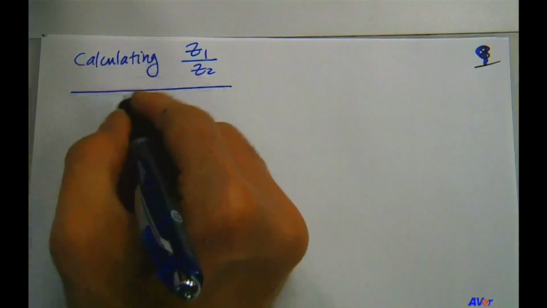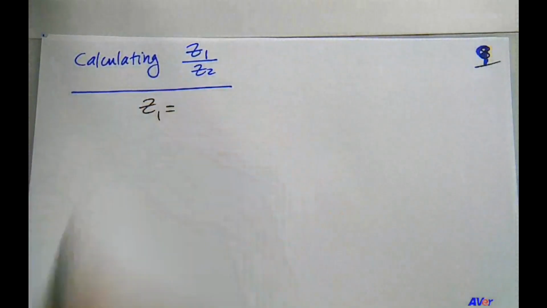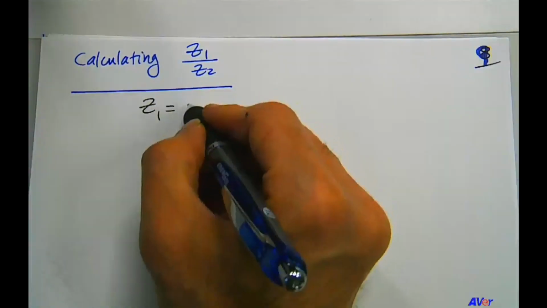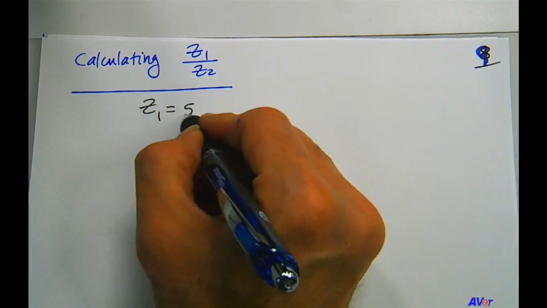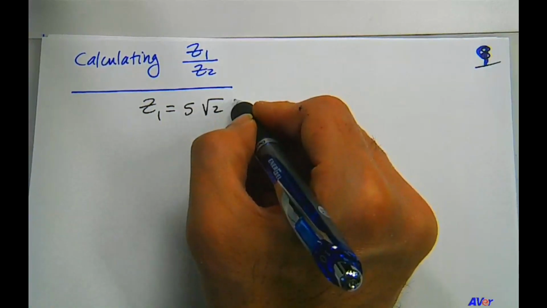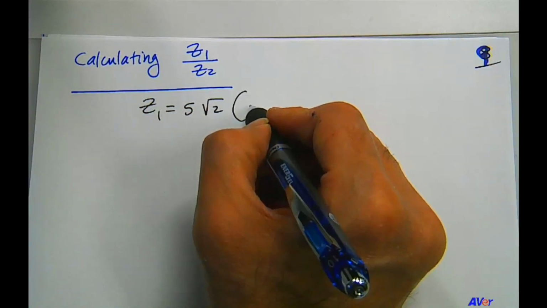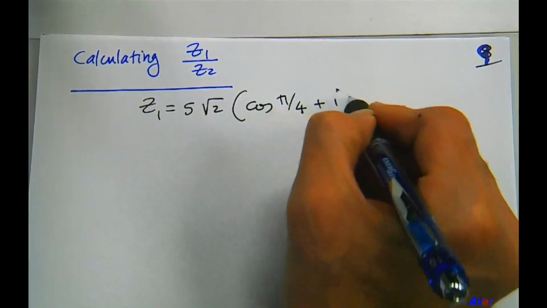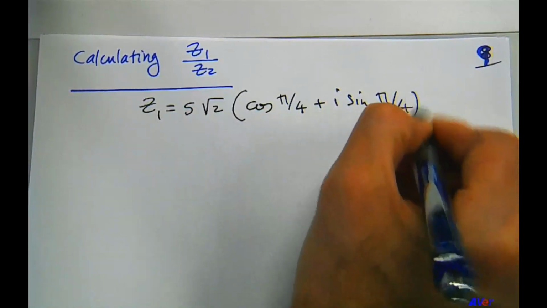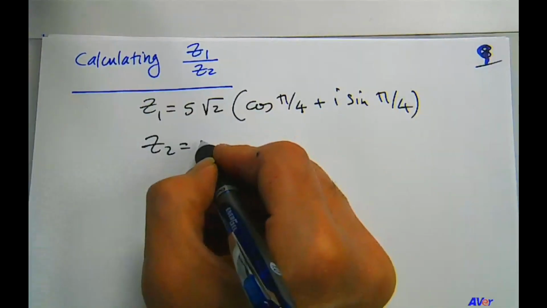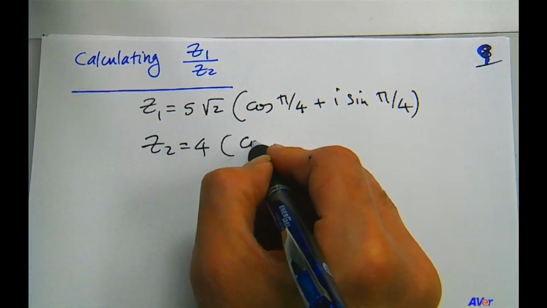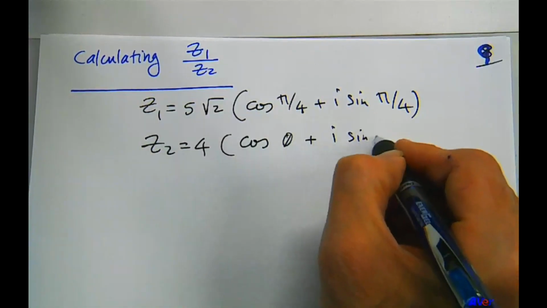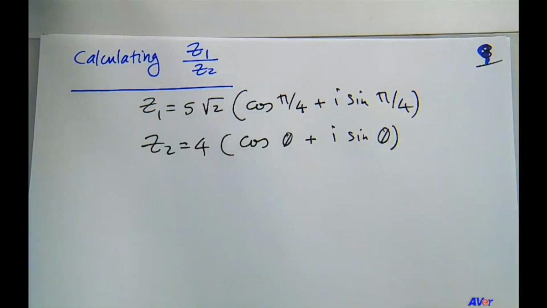So let me just write down z1 and z2 again, so we can look at them on the screen as we apply the formula. So z1 is, or was, 5 square root of 2 times cosine pi over 4 plus i sine pi over 4, and z2 was 4 times cosine of 0 angle plus i sine of 0 angle, right?